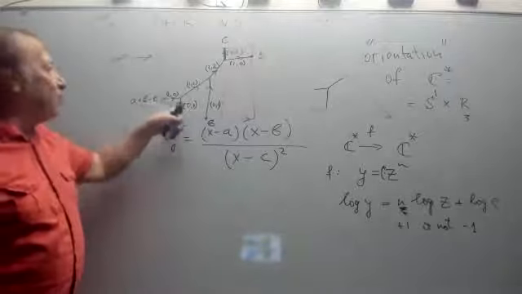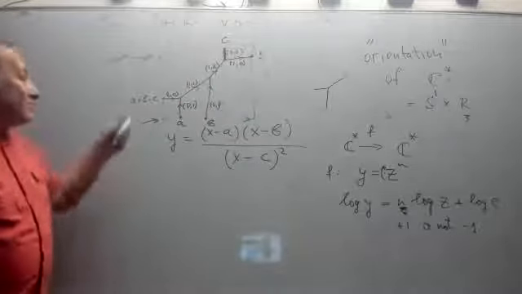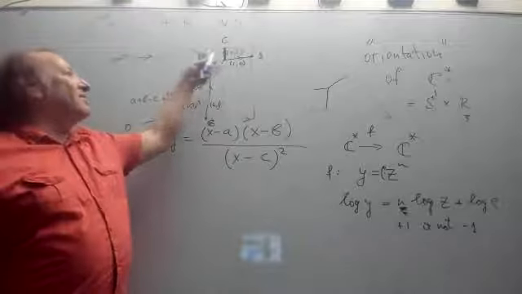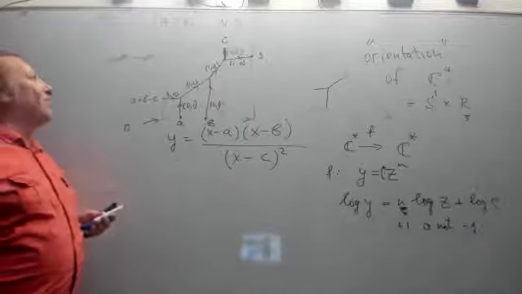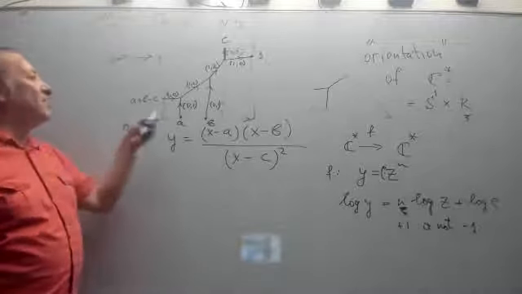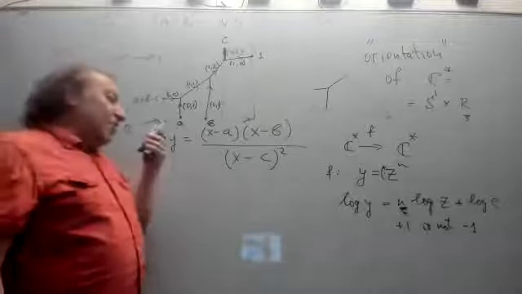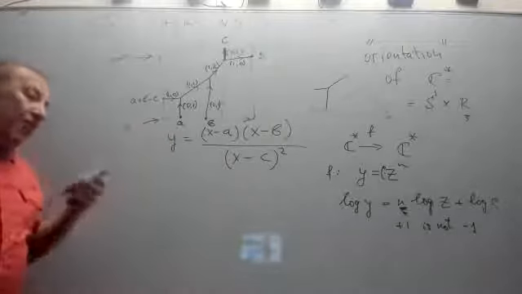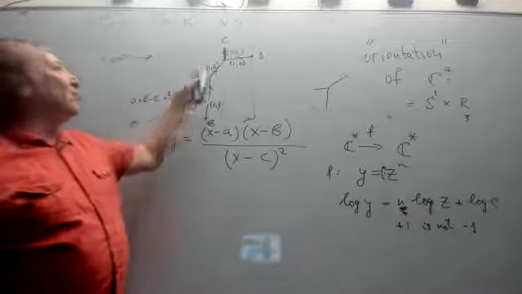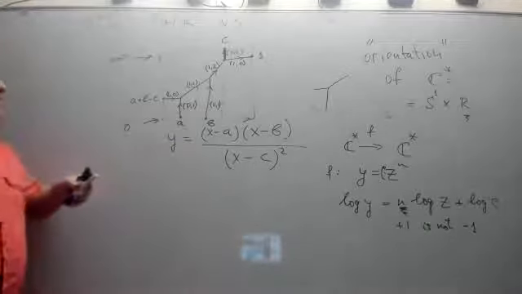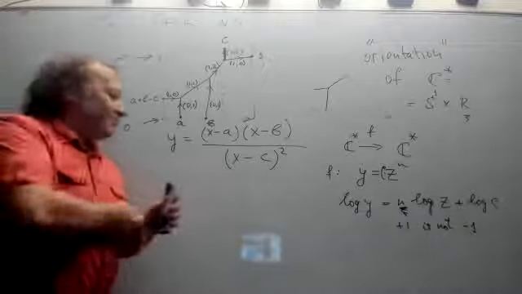Before I put these vectors, you may think of it as an image of the curve in CP1 times CP1. But if I'd like to think about it as a map of parameterized spaces, I need to put vectors everywhere. Okay?